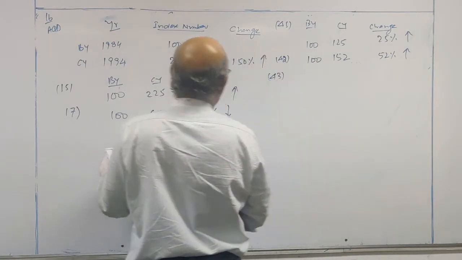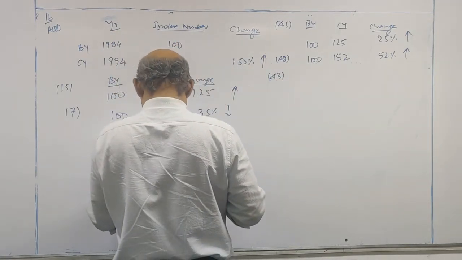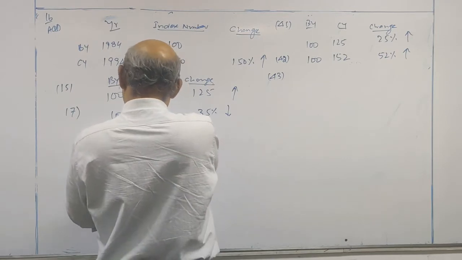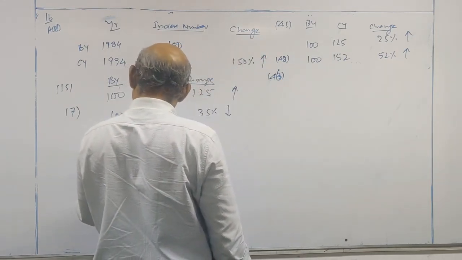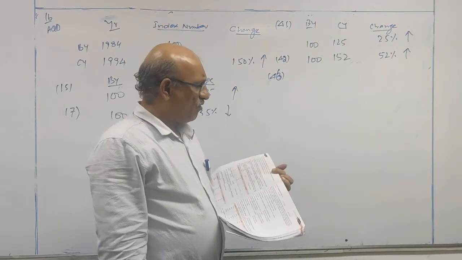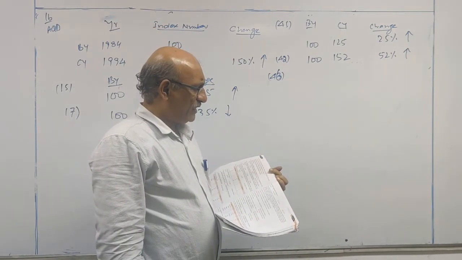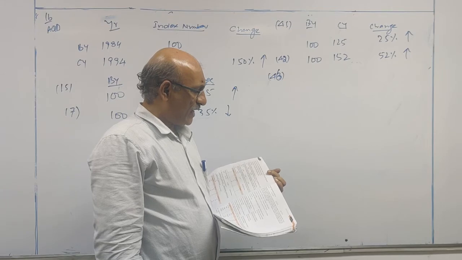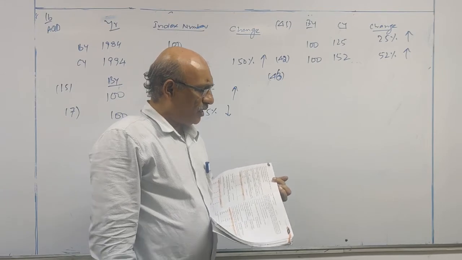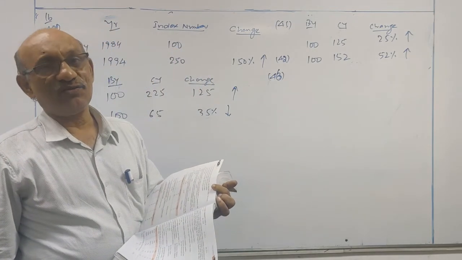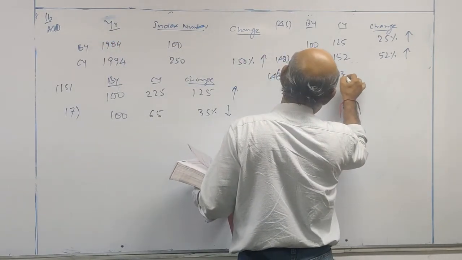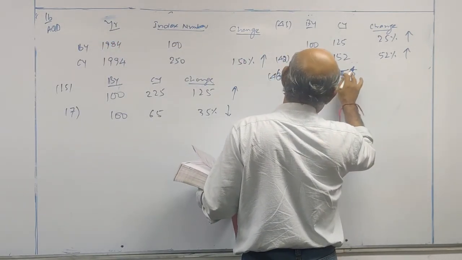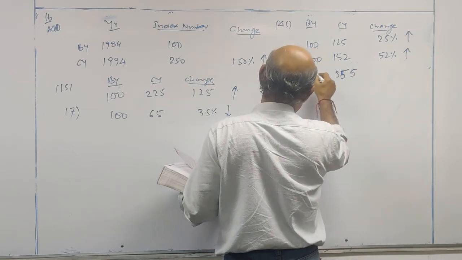Question number 45 is over. Question number 46: the index number of prices at a place in the year 1998 is 355 with 1991 as the base year. So 355 is the index for the current year.